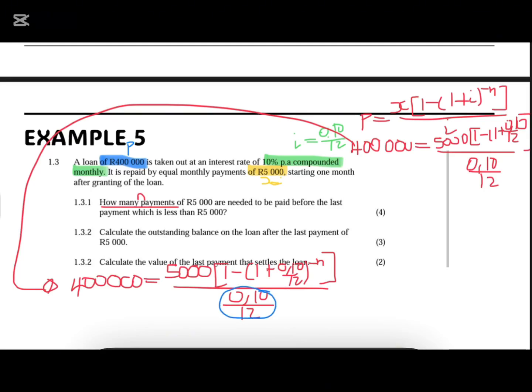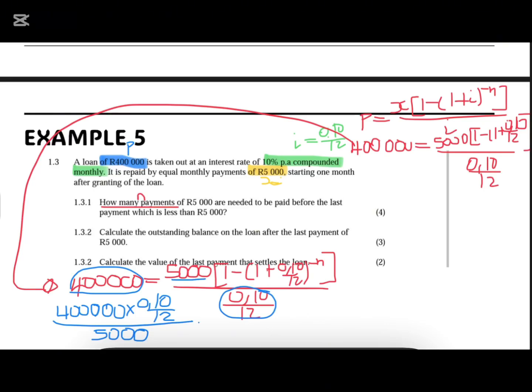By solving for n, we'll have this multiplied by that. Then we'll have 400,000 multiplied by 0.10 divided by 12, compounded monthly. And then now we'll divide everything by what? By 5,000.